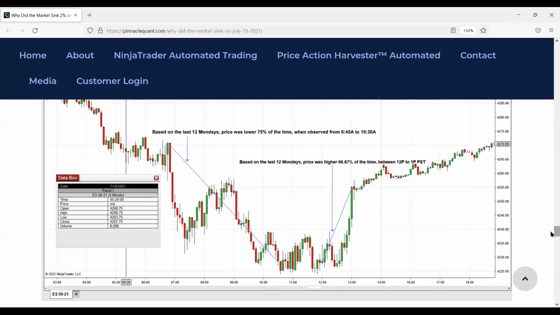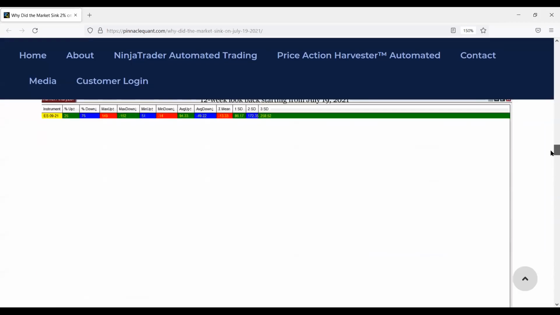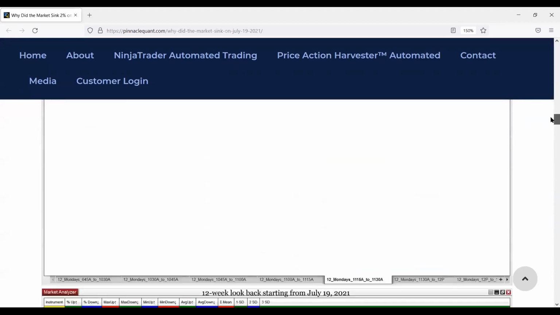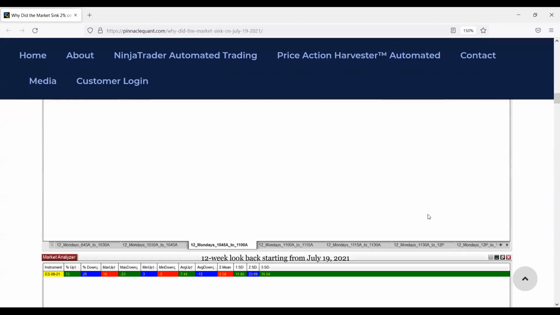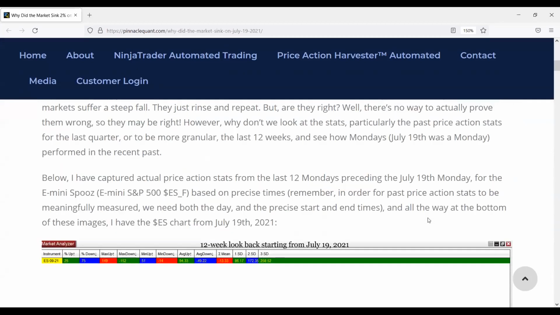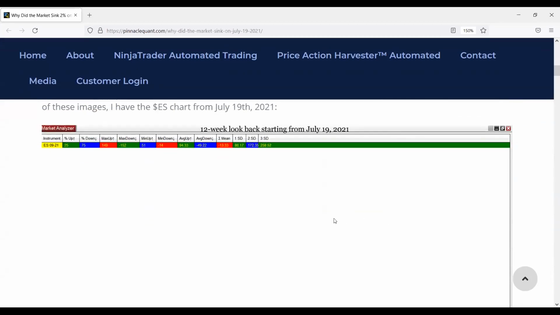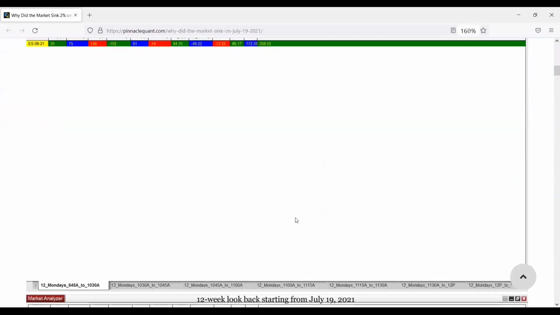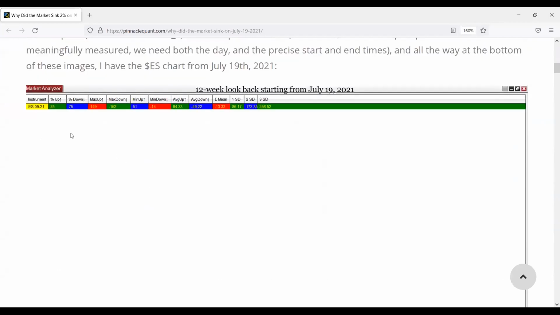And I actually broke down in the blog all the Market Analyzer data that I generated with Price Action Harvester, the indicator. I don't know if you can see it, but I'll zoom in a little bit more. It was down 75%, up 25%.